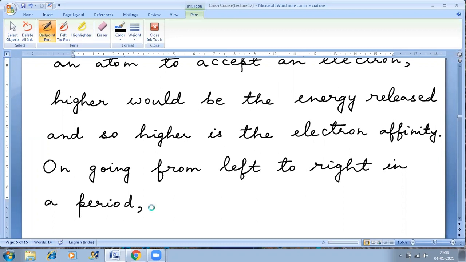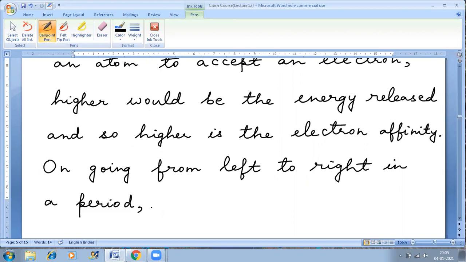As we have discussed before, if we are traveling from left to right, the metallic character decreases. If the metallic character is decreasing, that means the tendency of an element to lose electrons is decreasing, because metals are easily able to lose electrons. In other words, the tendency to accept electrons is increasing.